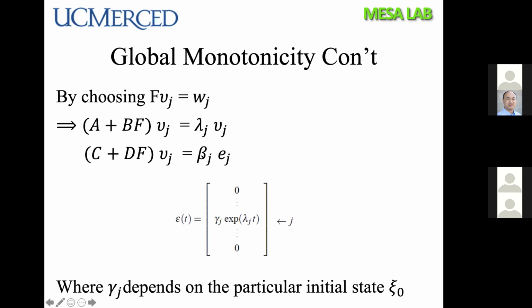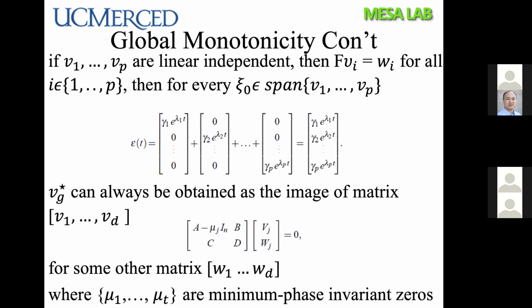So, from the epsilon_k(t) function, we know that for any initial error state x(t) belonging to span V_j, the response associated with the control omega(t) equals F x(t) looks like this, where gamma_j depends on the particular initial state x0.